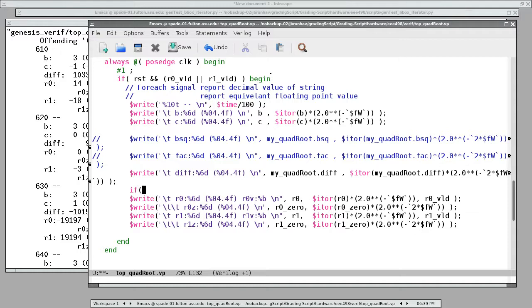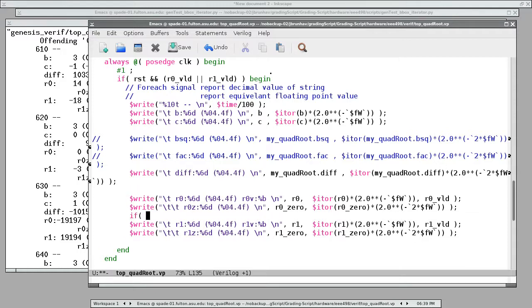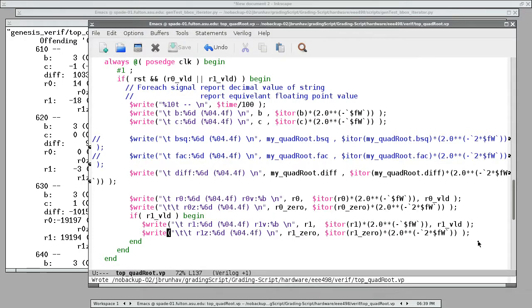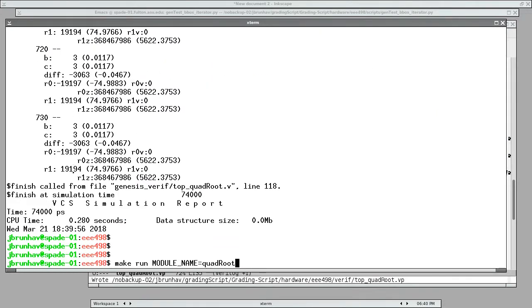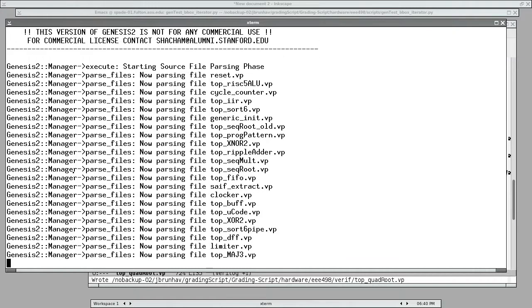And so we already know that that is true if we're in here. So then this is if R1 under valid, begin, end. So this should clean it up.